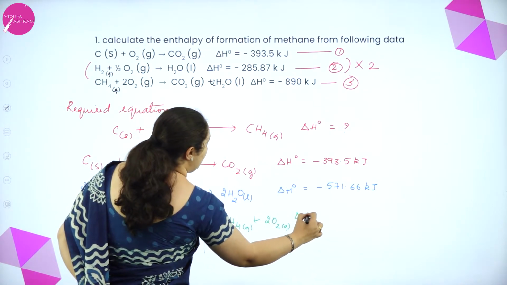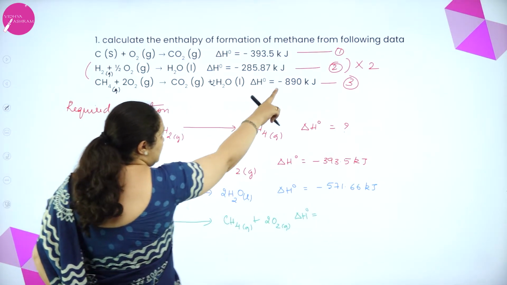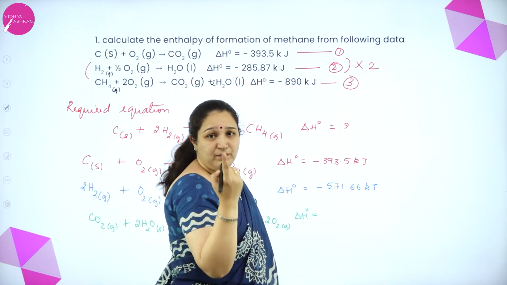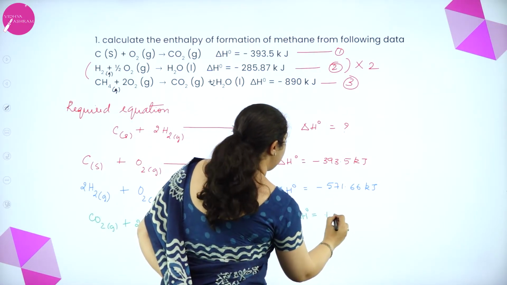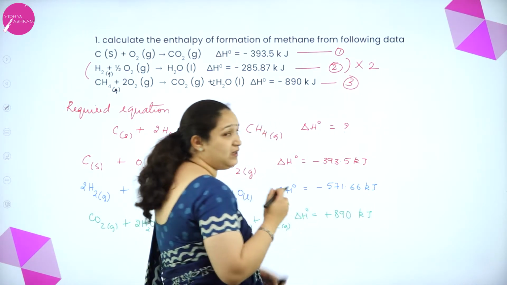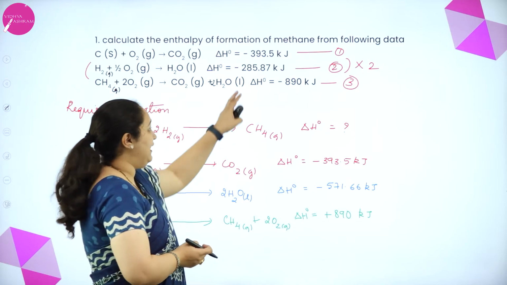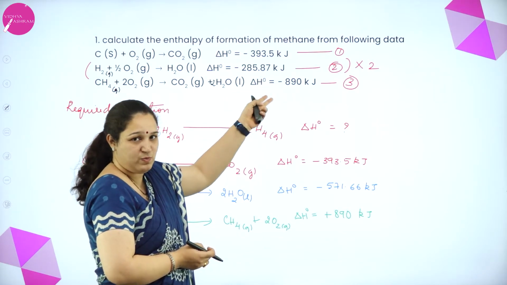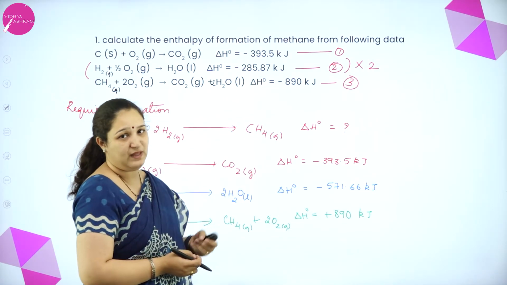And what happens to delta H naught? It is minus here, it will become plus. So it becomes plus 890 kilojoules. Always remember, when I reverse the equation, if delta H naught value is negative, it becomes positive. If it is positive, it will become negative.